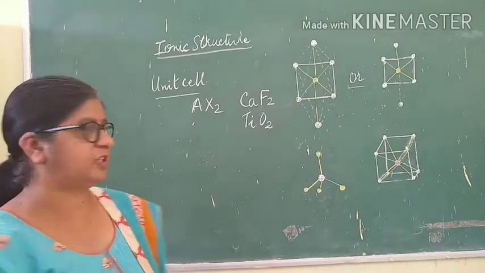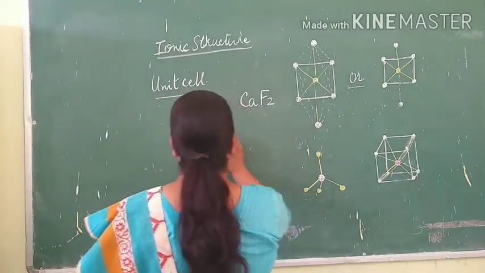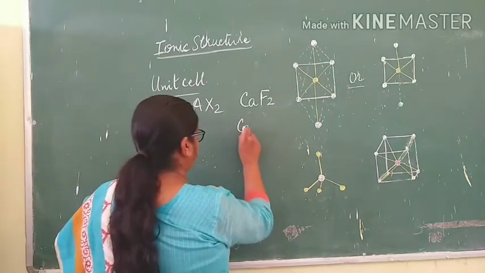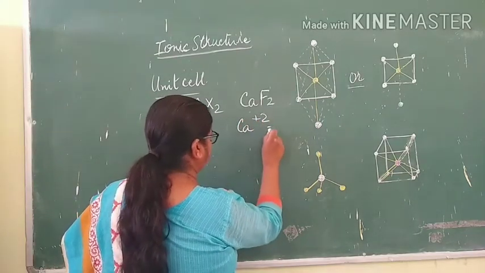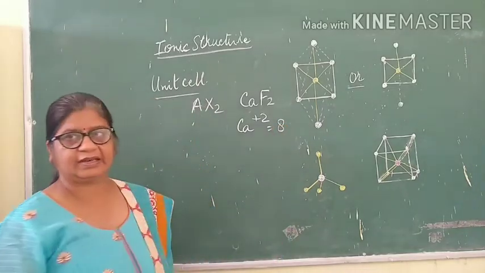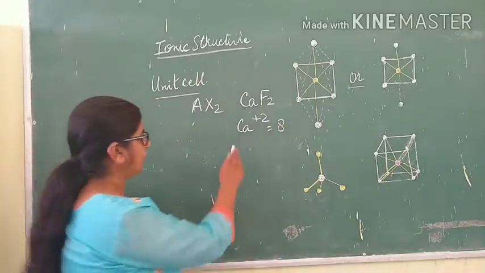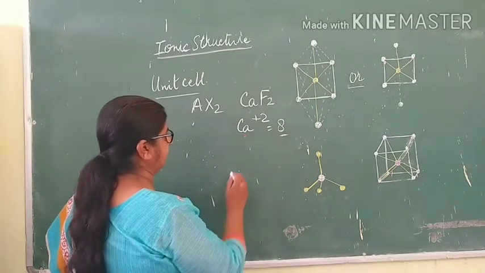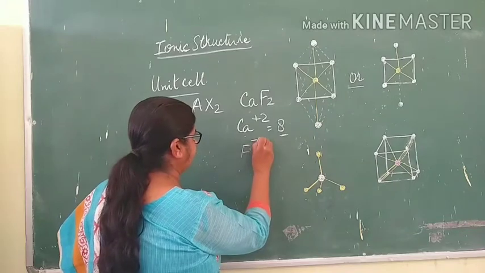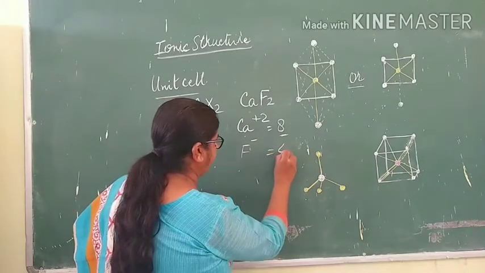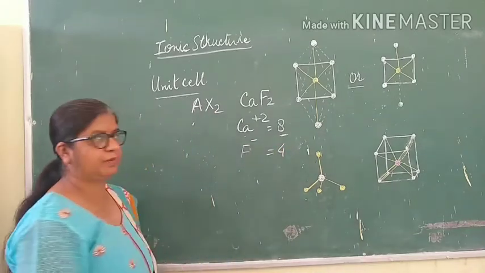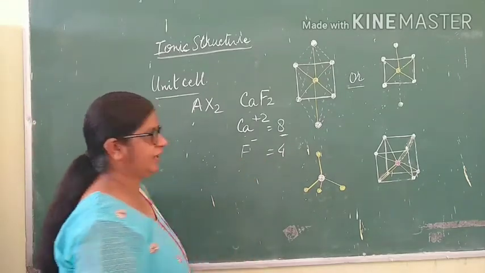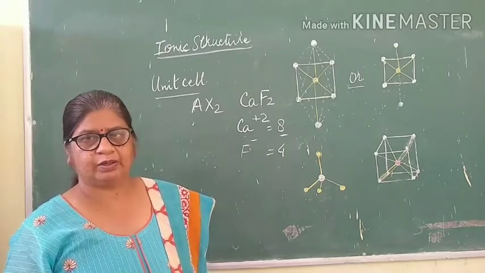CaF2 type of structure. In the CaF2 molecule, a calcium ion is surrounded by 8 fluoride ions. Thus, the coordination number of the calcium ion is 8. And the fluoride ion is surrounded by 4 calcium ions. That is, the coordination number of the fluoride ion is 4.